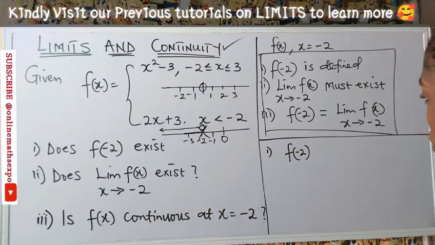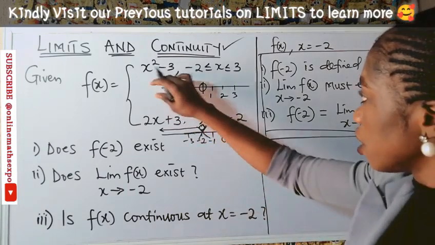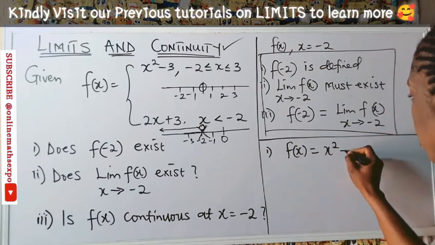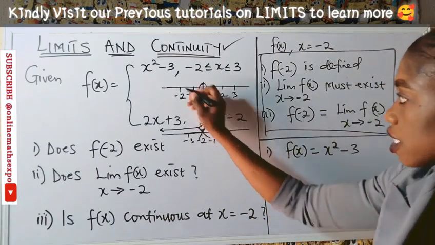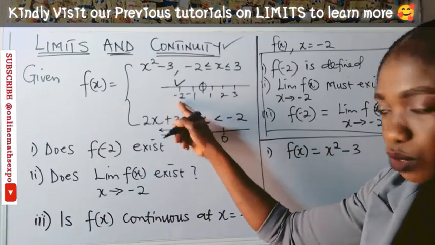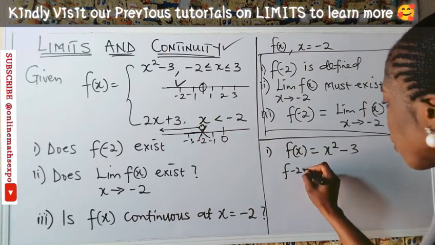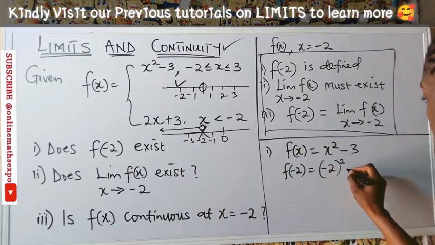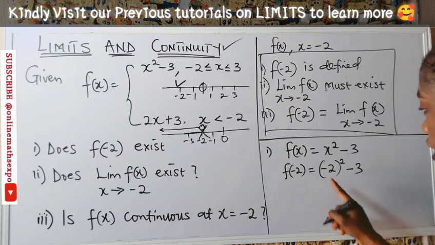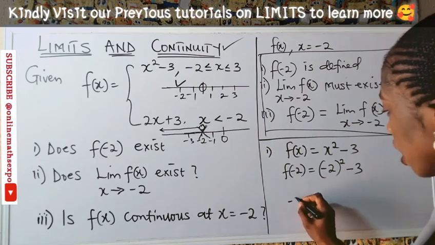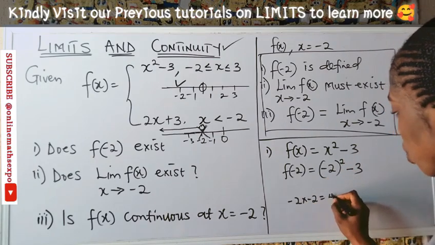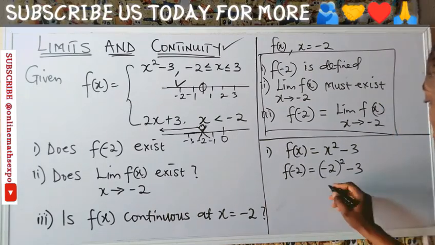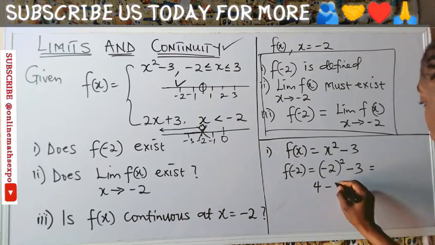We are using this function: f of x is equal to x squared minus 3, because that is where we have x as -2. So f of -2 will give us negative 2 squared minus 3. Remember, negative 2 squared means negative 2 multiplied by negative 2, which will give us 4. So this will give us 4 minus 3.